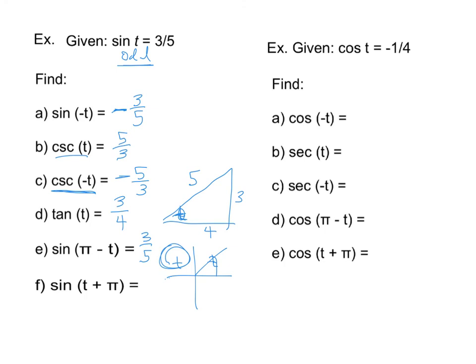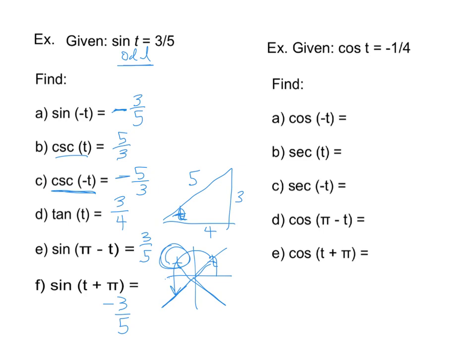So the ratio will be the same, 3/5. But if I add pi to it, I'm going to change quadrants, where sine is negative. And so that's how that goes.